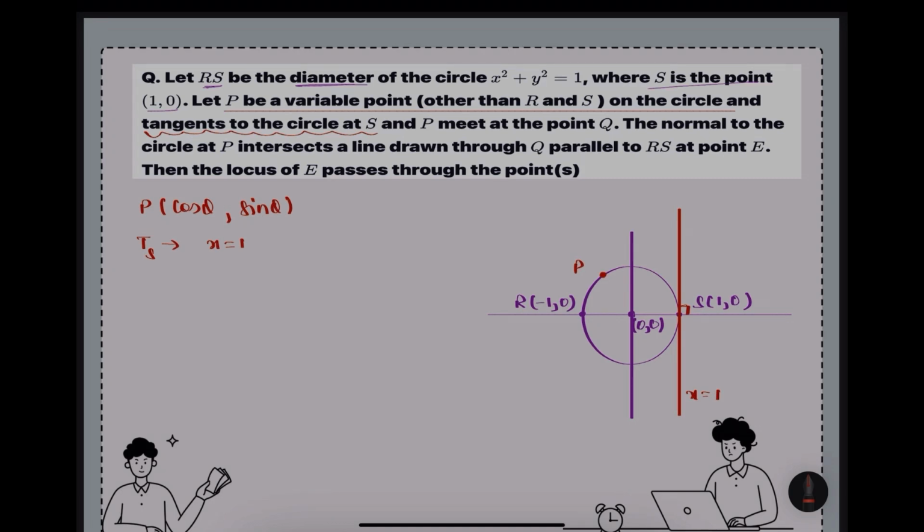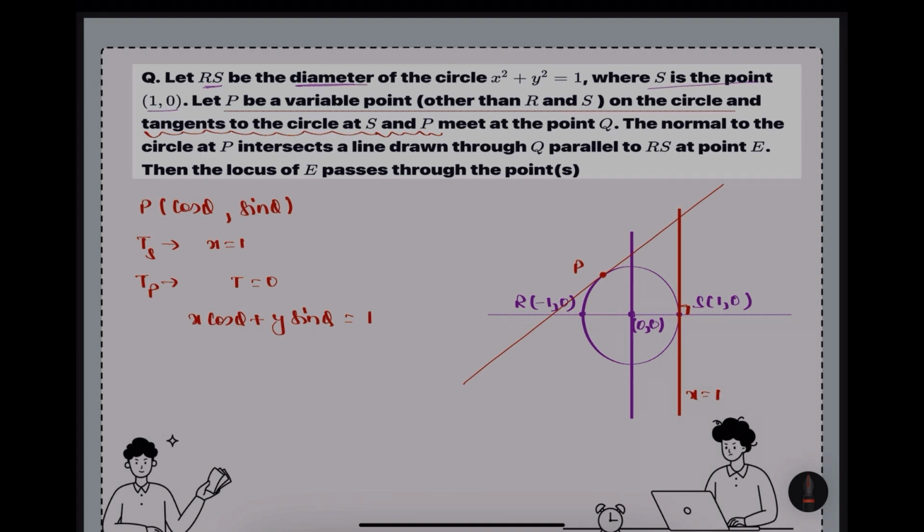Now let P be the variable point other than R and S on the circle, and tangents to the circle at S and P. So at P also you have to drop a tangent. Correct? So the tangent at P would be T equals 0, transformation. So it is x x1 plus y y1 equals 1, because it is x square plus y square, no?